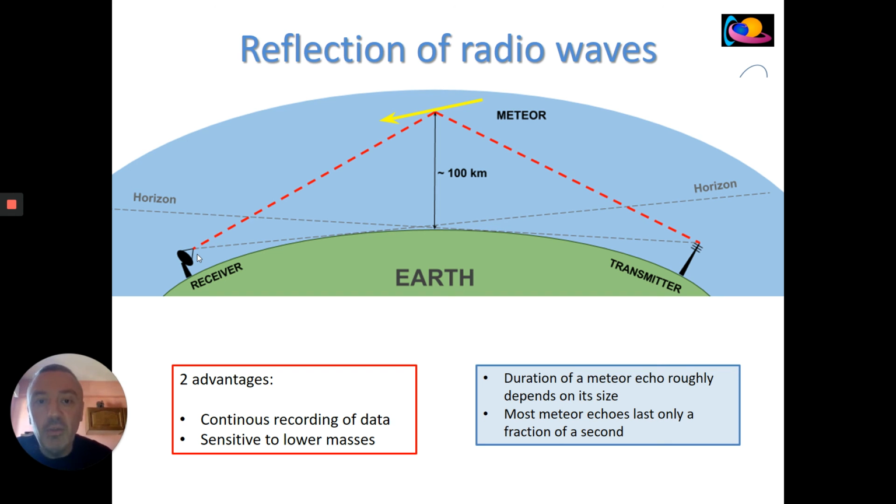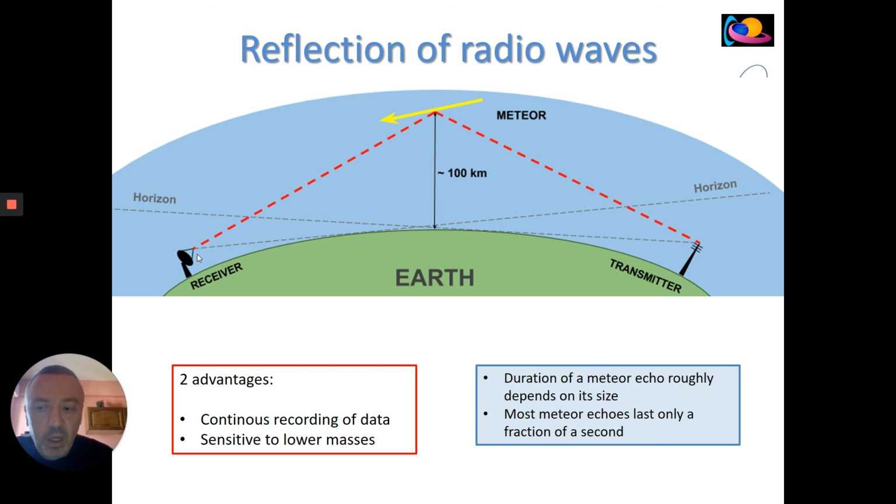The electrons tend to scatter into the neutral ambient atmosphere. And so most of the meteor echoes produced by these really small particles that you cannot detect with optical observations last only a fraction of a second. And for those who are already used to the radio meteor terms that we use in the forum, this corresponds to the underdense meteor echoes, but we will come back to that later in other videos.